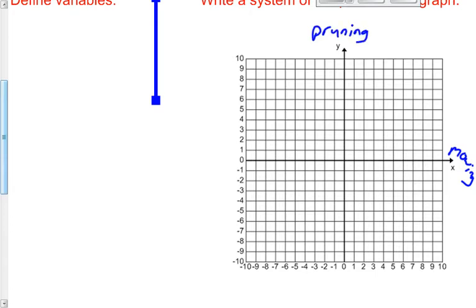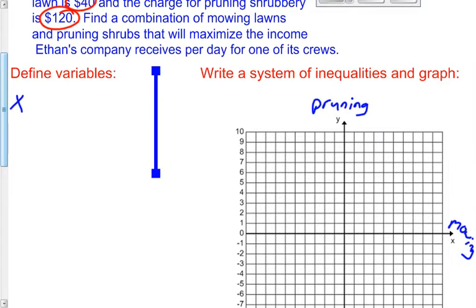So that's what we're going to define our variables as. X is the mowing jobs, and the y variable is going to be the pruning jobs. Alright, so step number 1 is done.